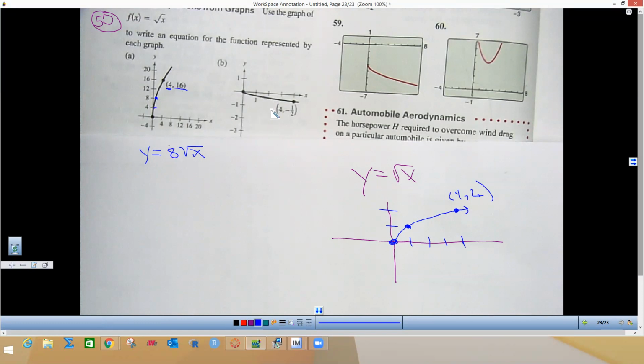Okay, the last one I'm going to do is this, and then you're going to get to try these. If you look here, they're using the 4, and they're only at negative 1/2. So this is a vertical shrink. In other words, this number has to be between 0 and 1. And since it's flipped upside down, reflected over x, it's going to make the whole thing negative. So we're going to have y equals a negative.